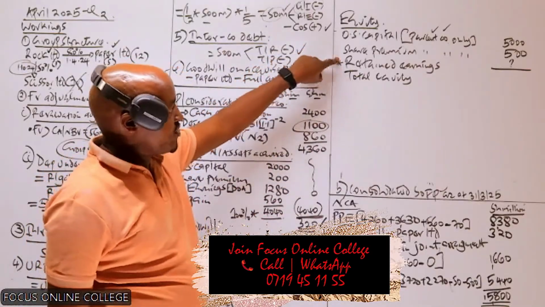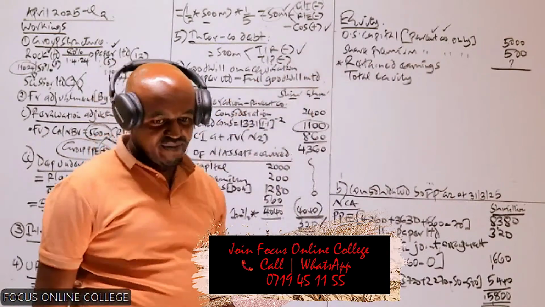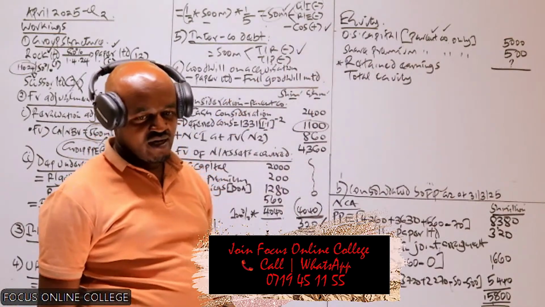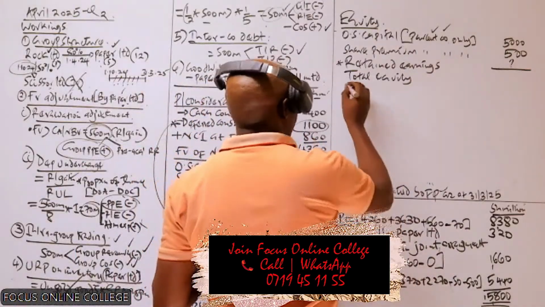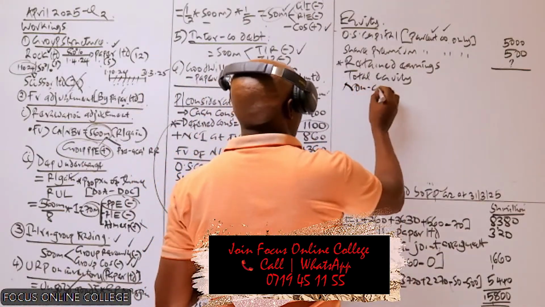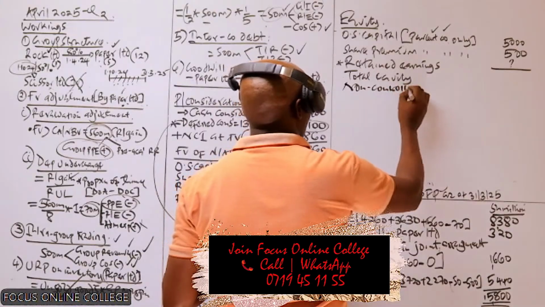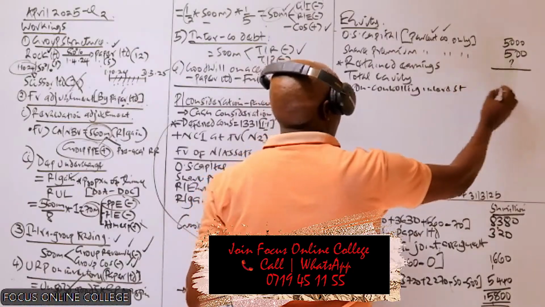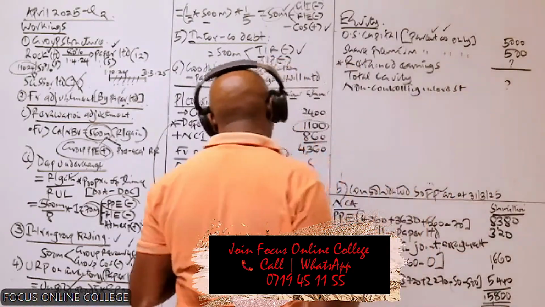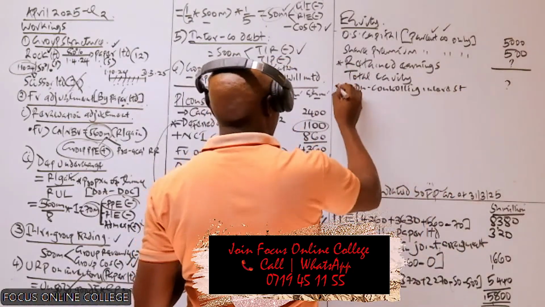They will consume a lot of your time and you may end up getting that figure wrong. So we will come back and compute that. Then down here, we also compute something called the non-controlling interest. I will explain what it is in the process of computing it, but we will compute these as the last two items.